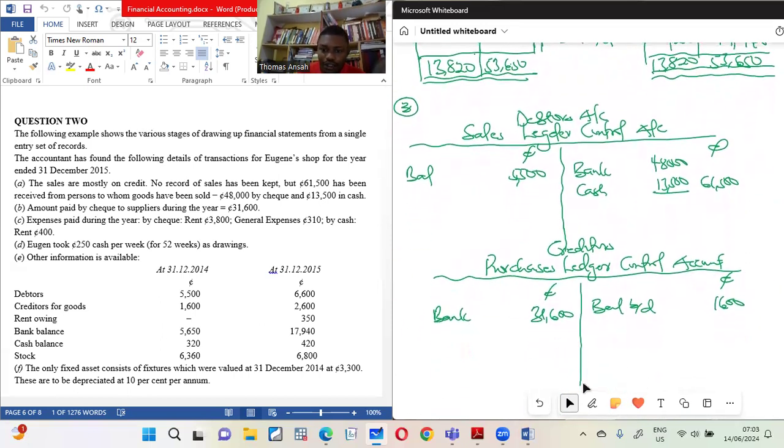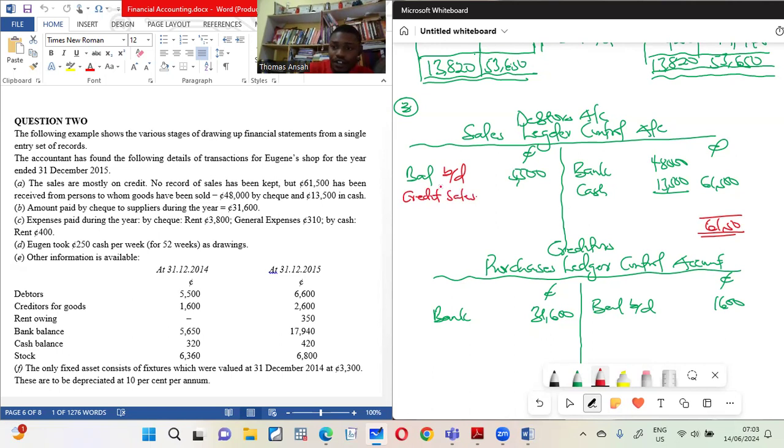Now we come to this side. So this was our balance brought down. All right. So, I mean, we need to total it. If we total this side, I think this side will give us the 61,500. But there's a problem here. So it means the missing figure becomes credit sales. All right. So credit sales.